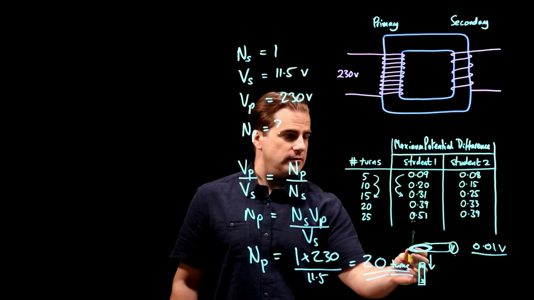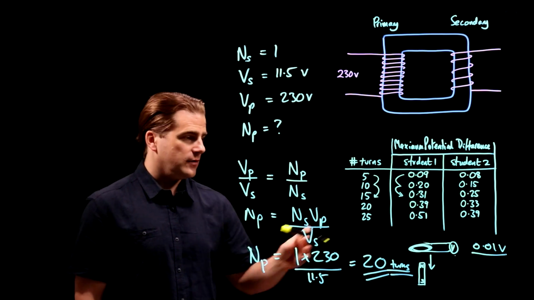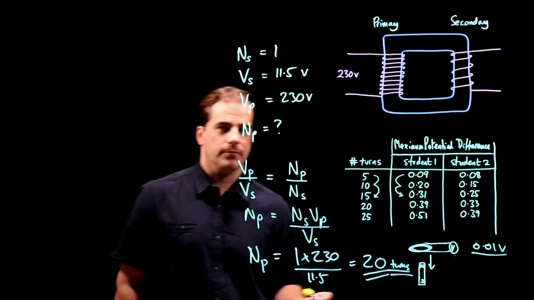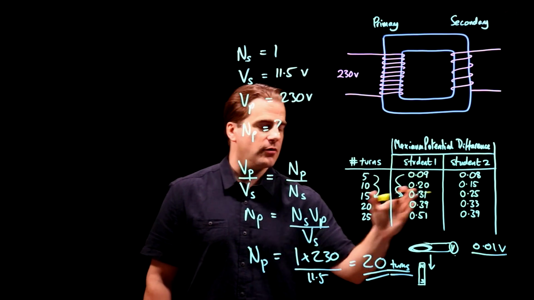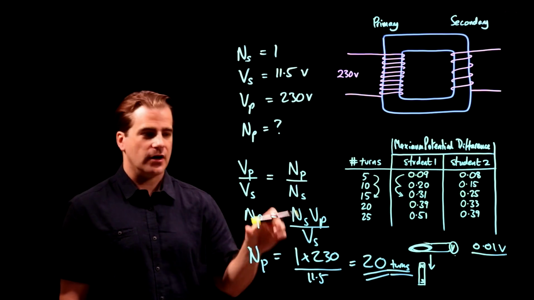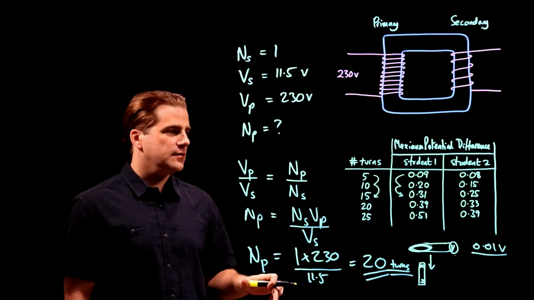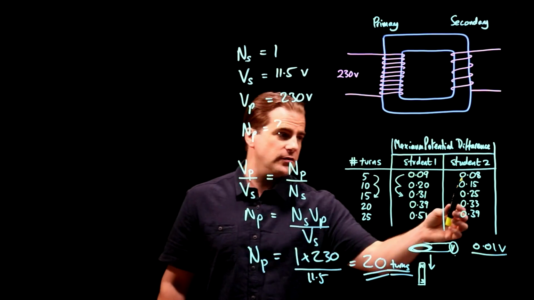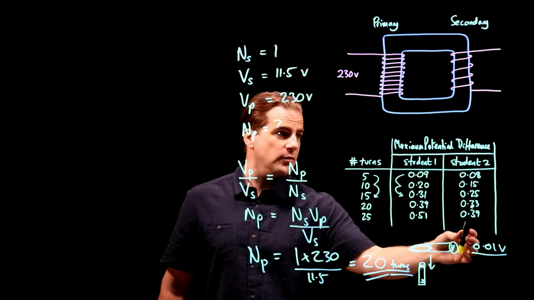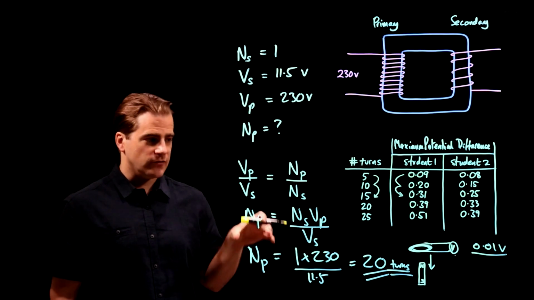Student 2 is getting smaller numbers than student 1. So he must be moving the coil slower. See, that's one thing that you can't control between the two students. You can't get them to move the coil at exactly the same speed. So even though they're both doing it correctly, they must be moving it at different speeds. Student 2 is moving it slower because he's getting smaller potential differences. Student 1's moving it faster.